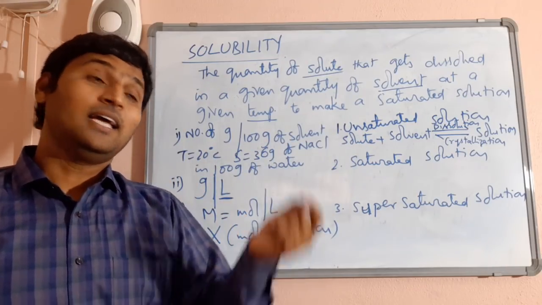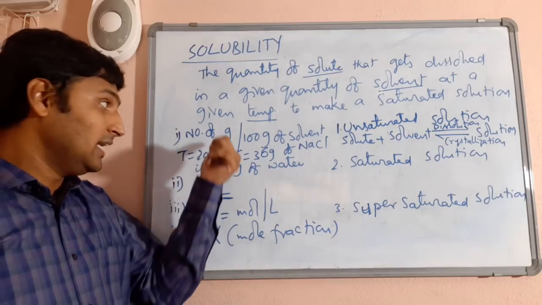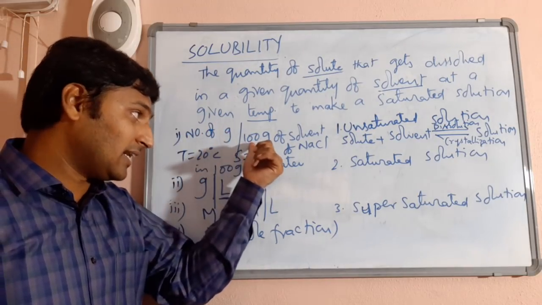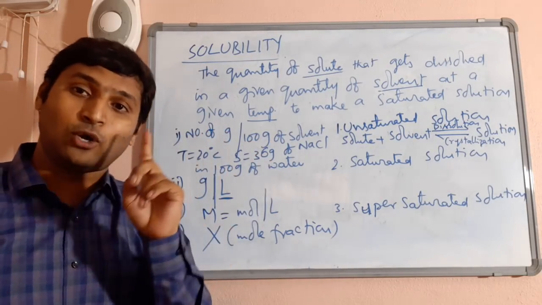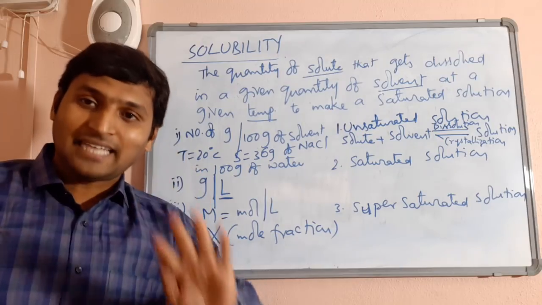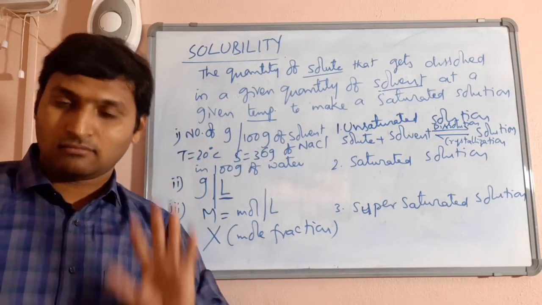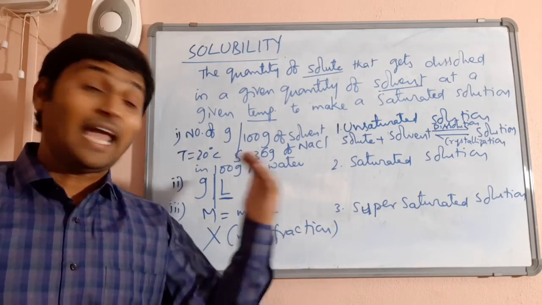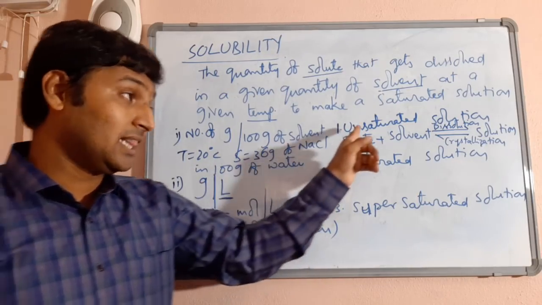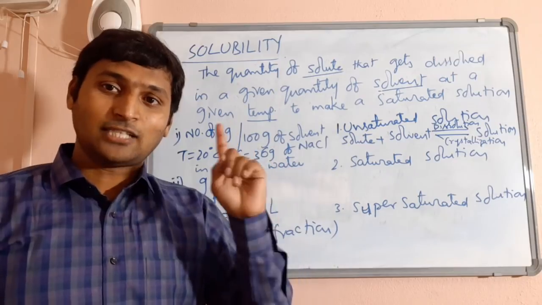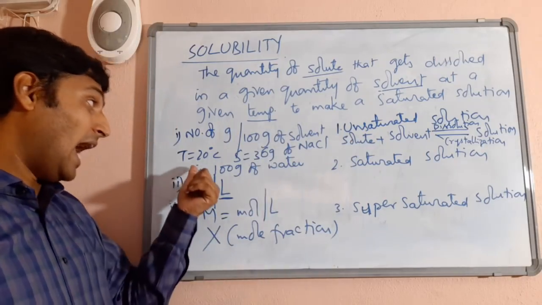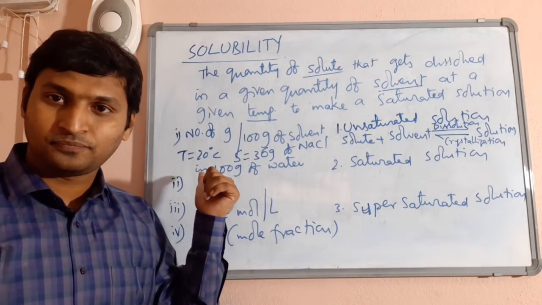For example, at 20 degrees Celsius, in 100 grams of water, 36 grams of sodium chloride can be soluble. But say I have dissolved only 30 grams or 25 grams or 26 grams or 12 grams or 15 grams, anything less than 36 grams. Then I have prepared an unsaturated solution of sodium chloride at 20 degrees Celsius.